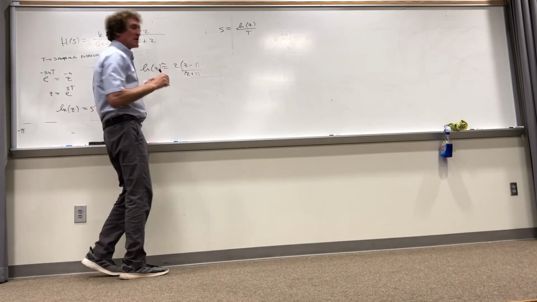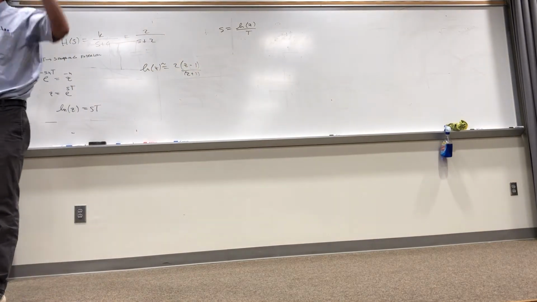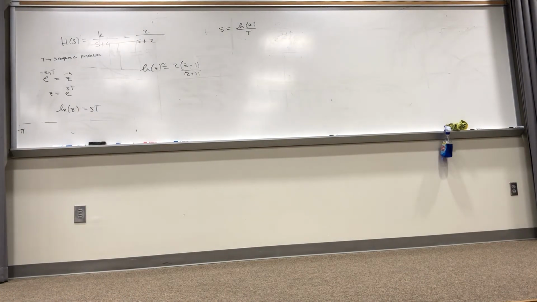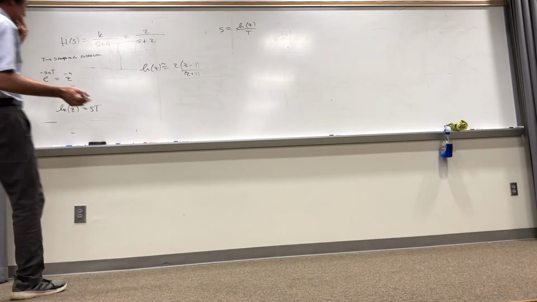How many have a calculator? Who has a calculator? Raise your hand. Available. I want to prove this to you. I'm not going to prove it by the formula, but I want you to see something.